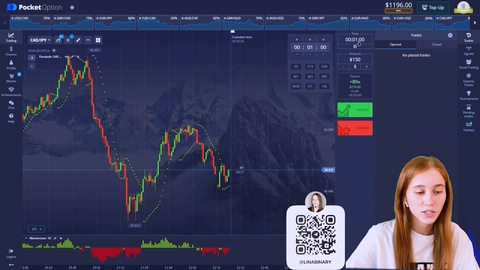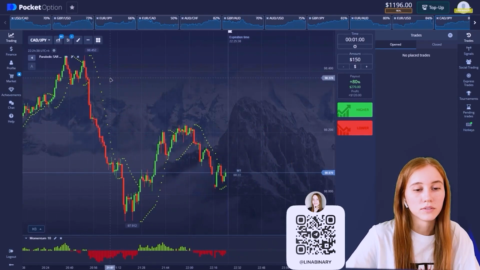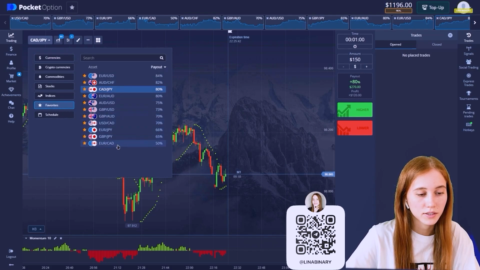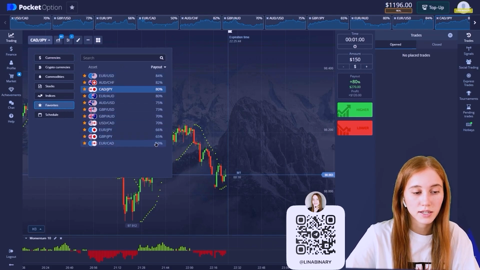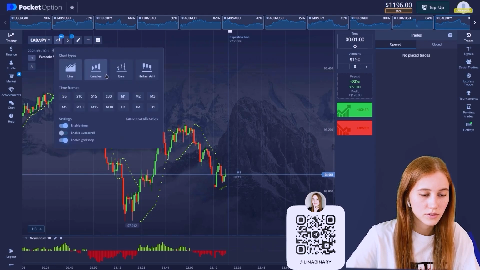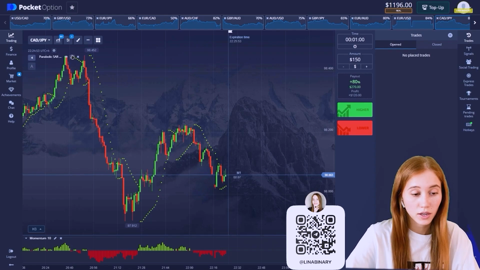Good. We traded on the minute time frame, on concept pairs, and these concept pairs are today's. Some payout percentages have fallen, but that's okay.